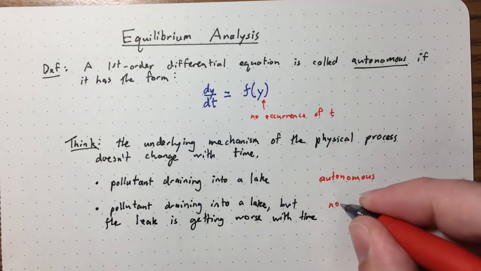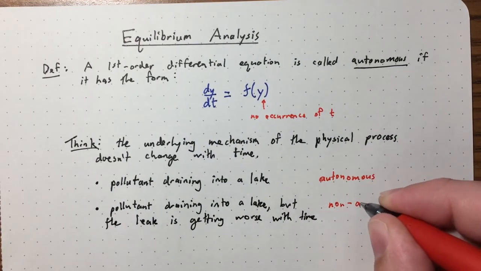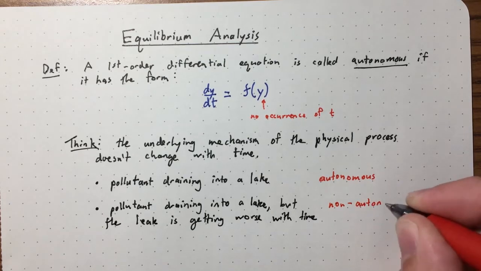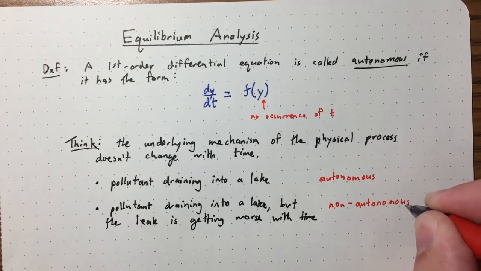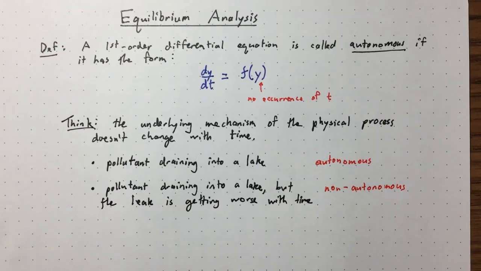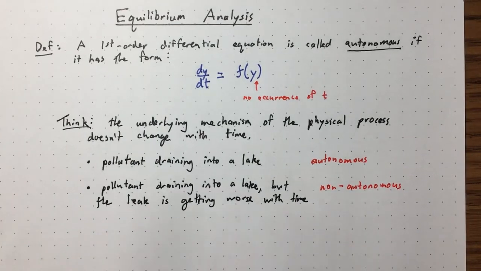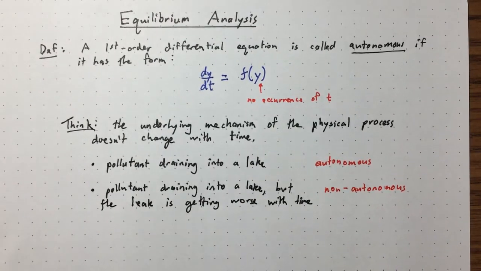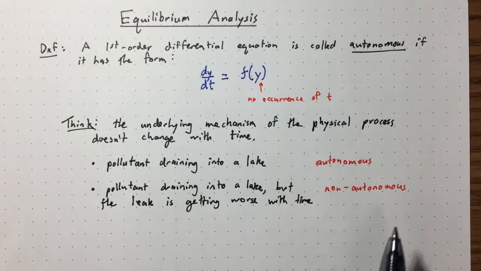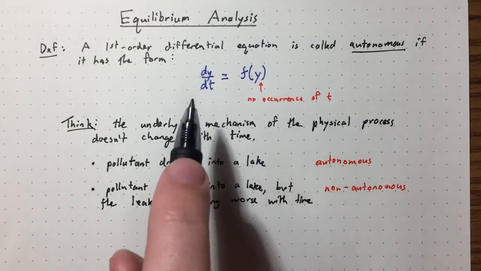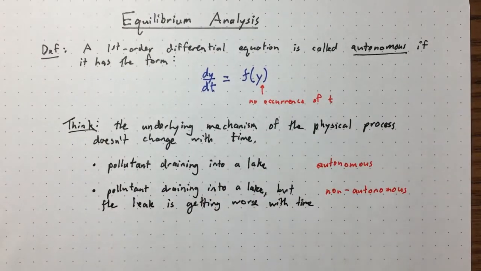So this would be a non-autonomous process. Okay, because if I look at it tomorrow, well, then the differential equation is going to be a little different, right? Because I have to account for the leak getting worse. So the mechanism of the process has actually changed a little bit. Okay, so that's autonomous versus non-autonomous physical processes and autonomous differential equations.